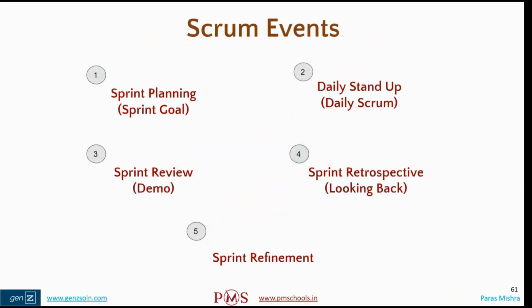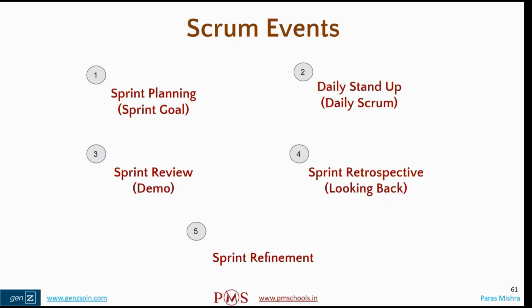Then the Scrum events, I guess we have discussed this. So I have rewritten this. Sprint planning meeting, what is it all about? Sprint objective, what we are going to deliver, the sprint goal. Daily stand-up meeting, we also call it daily Scrum meeting. This is the most important meeting. Sprint review, we already talked about. The sprint retrospective: we look back, what did we do well in the last 2 weeks?